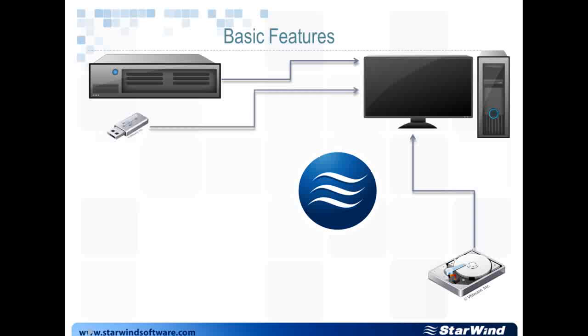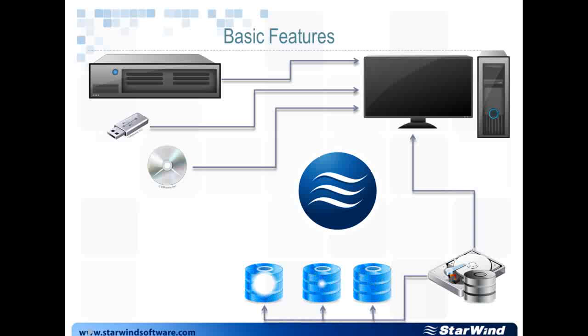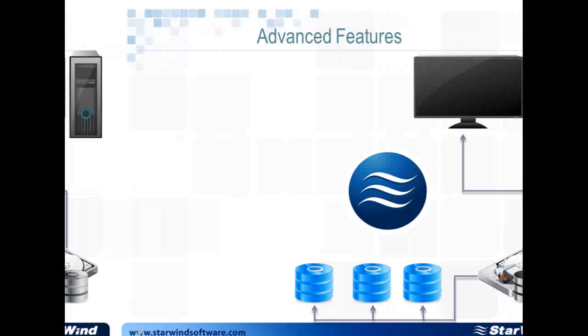You can even share a USB or CD drive. But what is more important, you have the ability to create virtual hard drives and share them, even create snapshots from them and schedule them, of course. But snapshots are actually advanced features, so let's review them all.